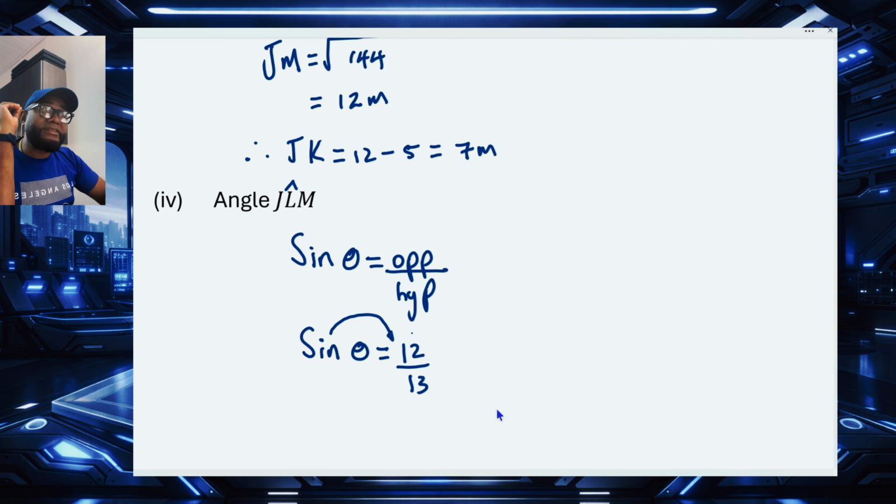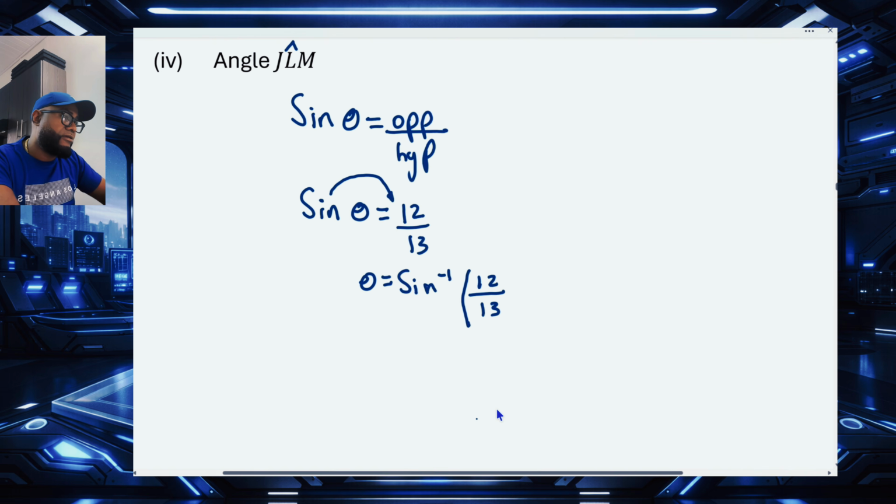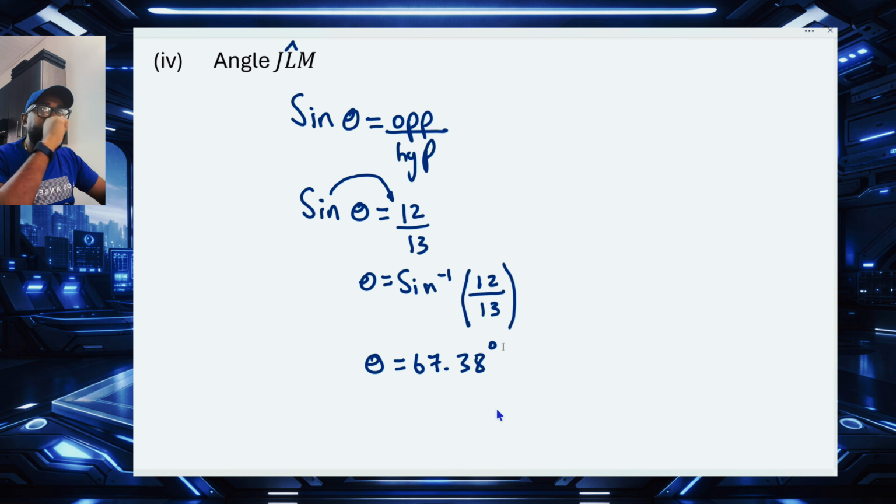Once sine is moved, what do we do? Inverse sine. Sine inverse of 12 over 13 will give me 67.38, and it's an angle, so it would be degrees.